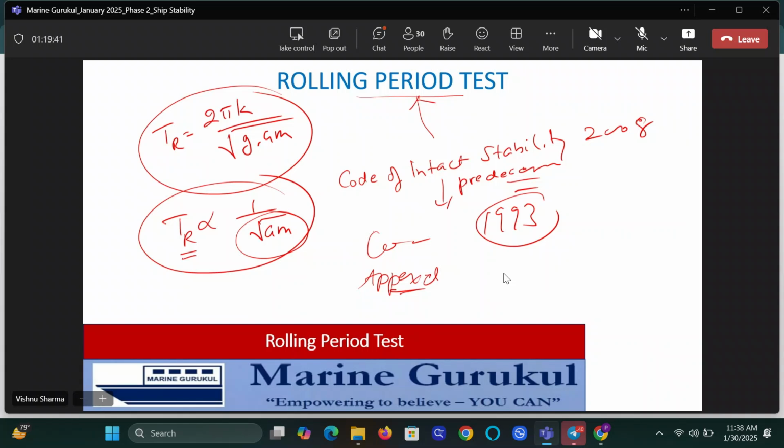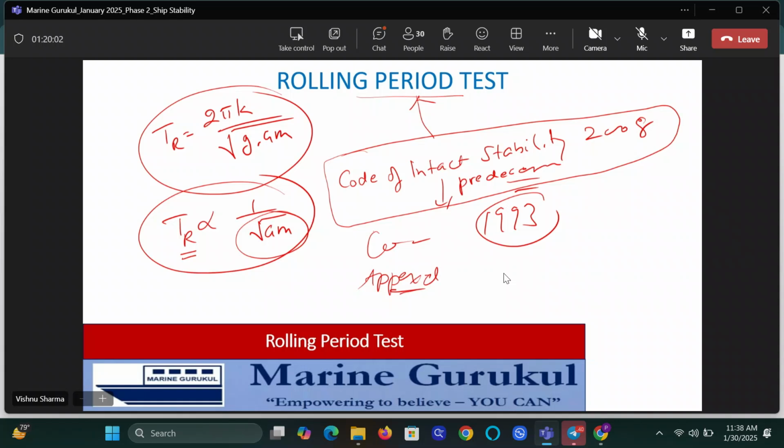My gut feeling, my guess, is that because everybody is now equipped with technology to assess stability, probably, and again it is nowhere documented, it's my guesswork, that is why the rolling period test does not find its mention in the current Code of Intact Stability.